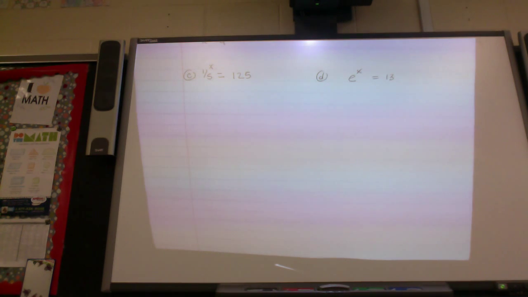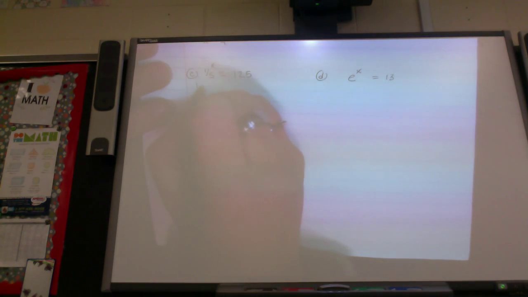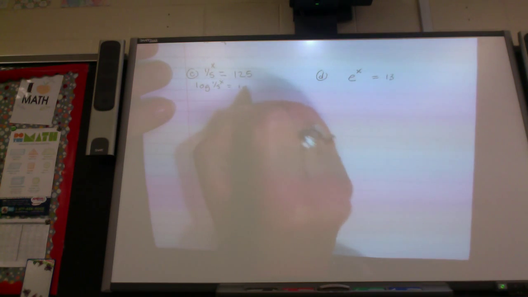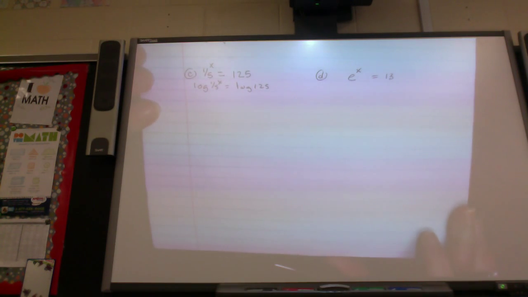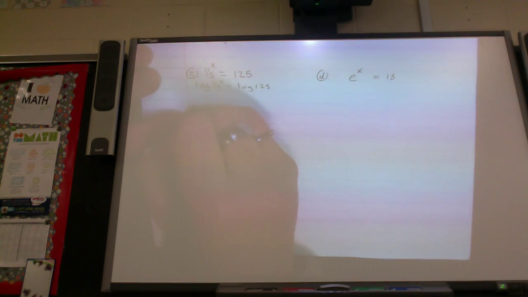All right, what did you do on C? What you did on A. What did I do on A? Put the exponent in front of log. So I took log of 1/5. I did the log of both sides first, and now I put the power out in front.